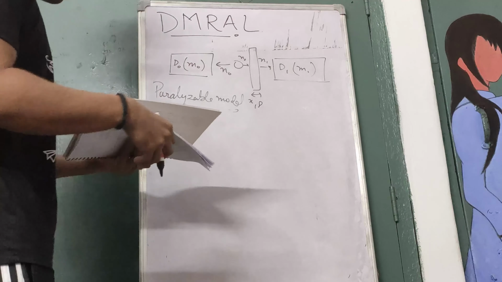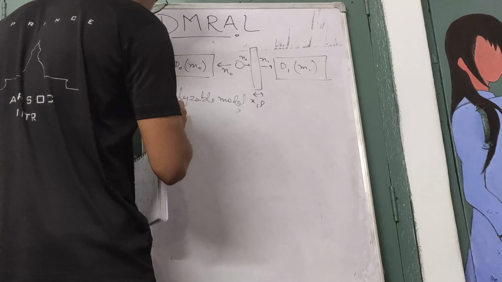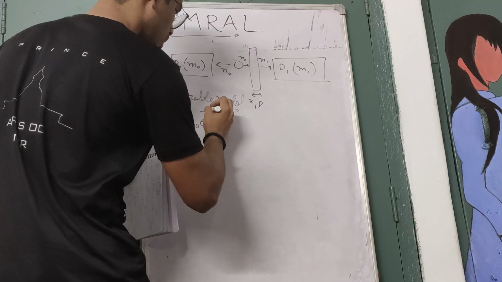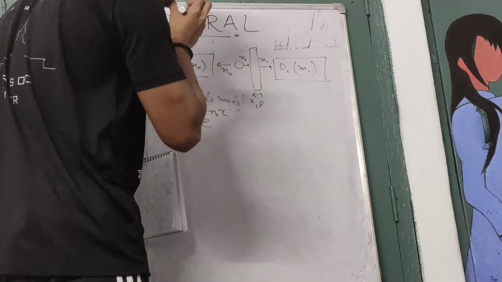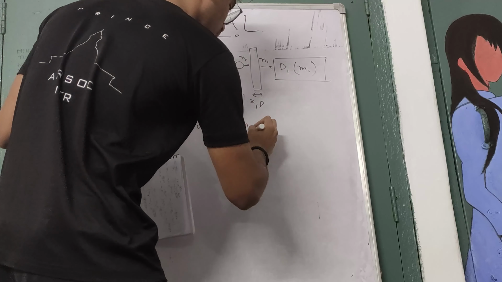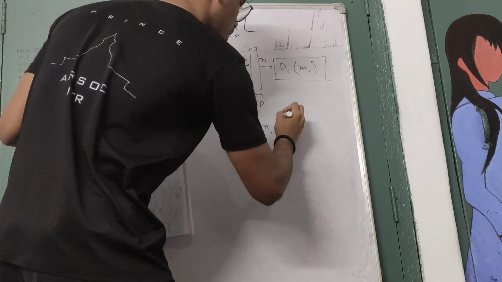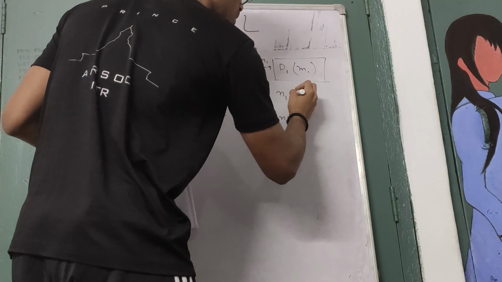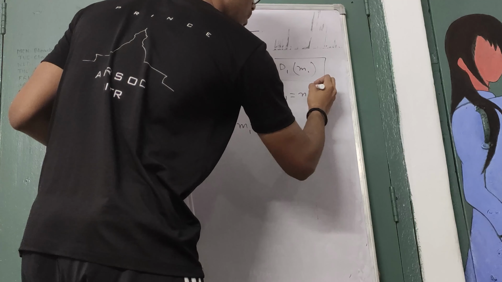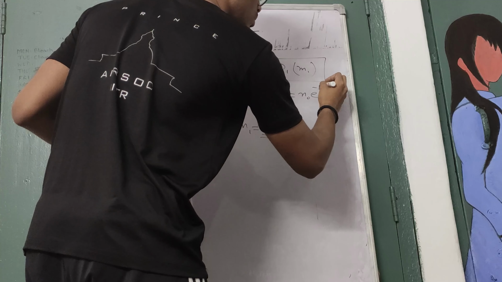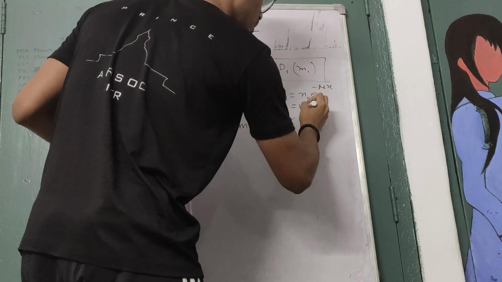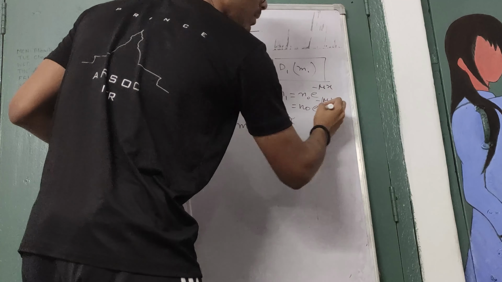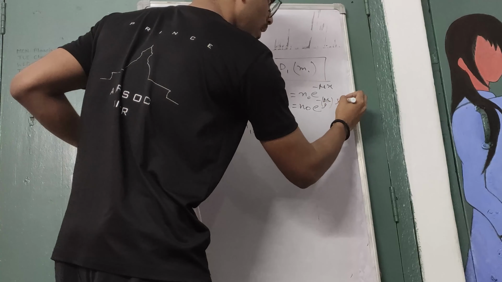Now, since we know that for the paralyzable model we have M0 is equal to N0 e to the power minus N0 tau, and similarly M1 would be N1 e to the power minus N1 tau, and this N1 we can write as N1 is equal to N0 e to the power minus mu x, which can be written as N0 e to the power minus mu by rho, which will be again the mass attenuation constant, into rho x.